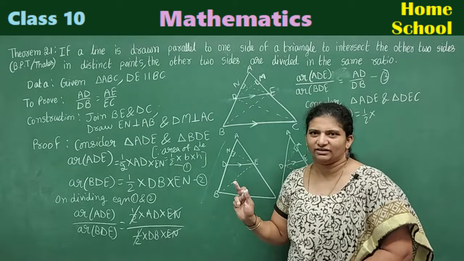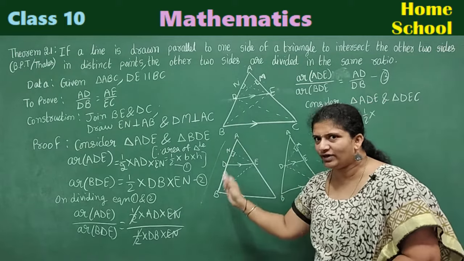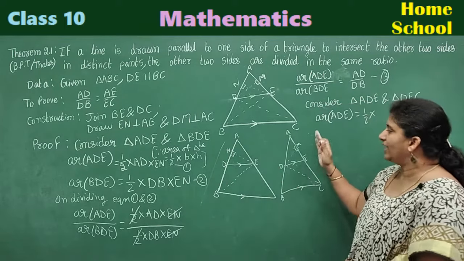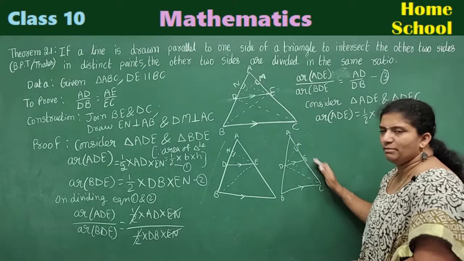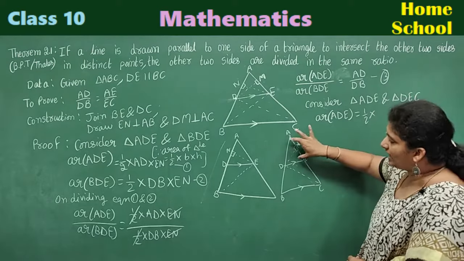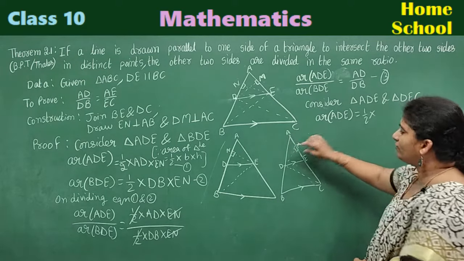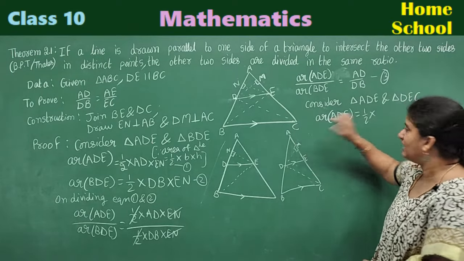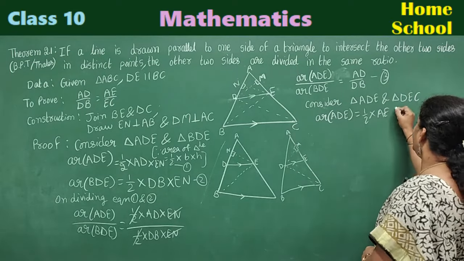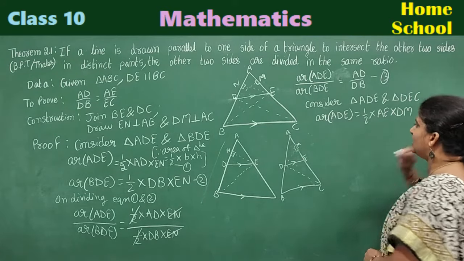But please don't do that. At that time you are considering only this side of a triangle as a base. Now when you consider this, you need to consider this side as a base. So only for this triangle, AE is the base. Area of triangle ADE is equal to half into base AE into height. DM is perpendicular, right? DM is the height.